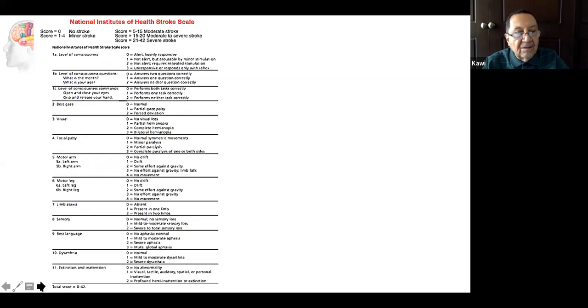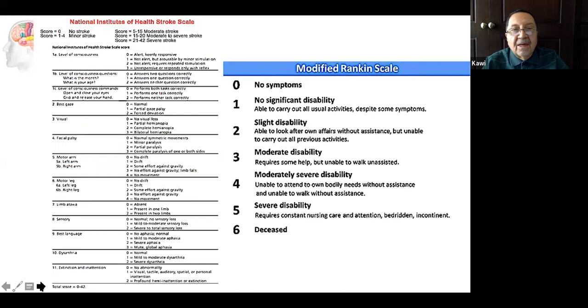It's self-explanatory, and each one is given a score. And the modified Rankin scale is simpler. If the person, after a few months from the stroke, has no symptoms, then he got back to normality. If he dies, that's a modified Rankin scale of 6. And in between, we have either no significant disability or slight disability, and so on.